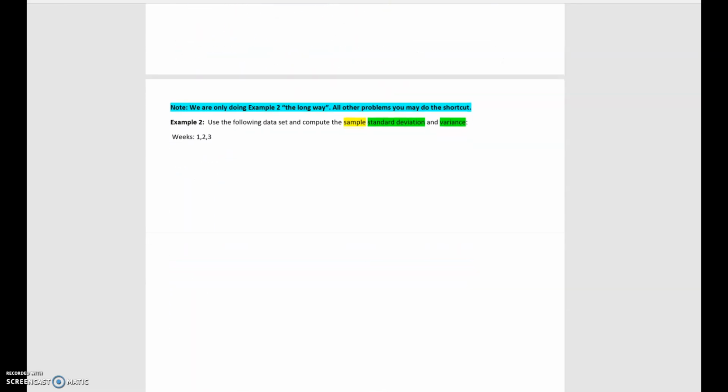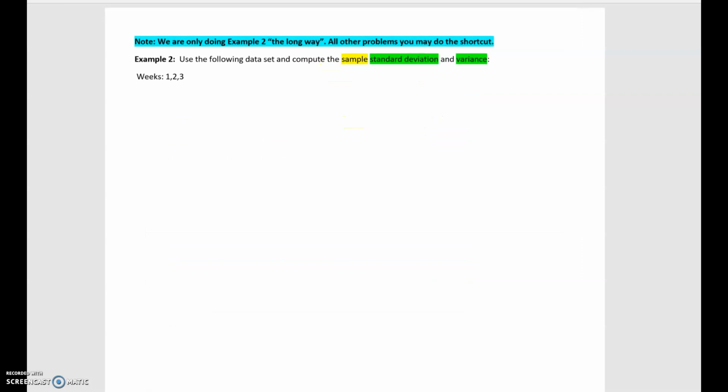Okay, let's take a look at example 2. Some of the homework problems may ask you to do these calculations the long way, and we're only going to do this for two problems: example 2, and another one in the reading where you do the problem the long way. For raw data, you're just going to be using the shortcuts on the calculator. But let's do this one the long way.